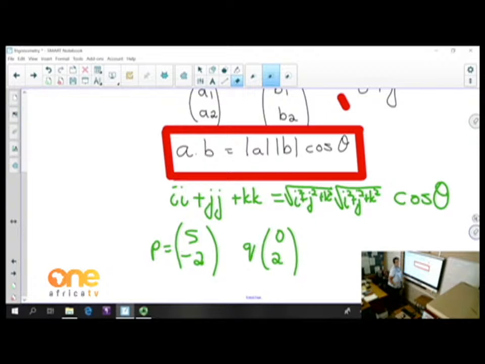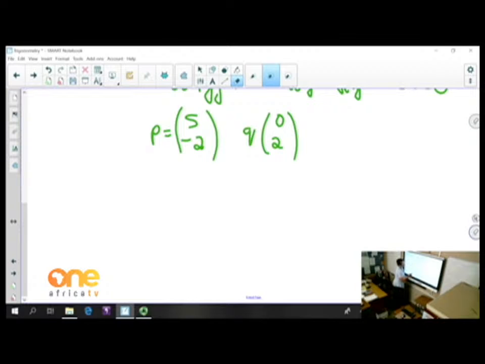This is in 2 dimensions, X, Y, X, Y. Now, what we want to do now is we want to find the angle between these 2 vectors. So this is the vector P, this is the vector Q, and we want to find that theta there, that angle. That is the whole purpose why we're going to do it.